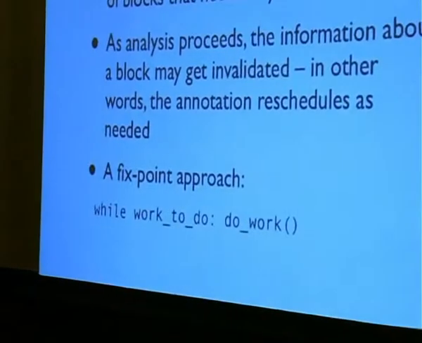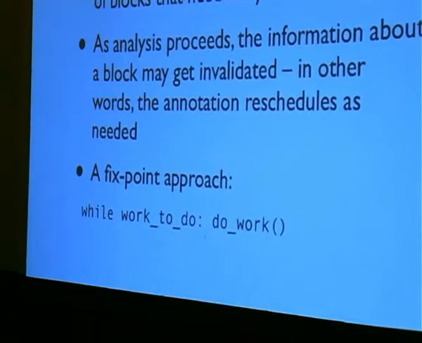Some blocks will get annotated more than once because at first the annotator may believe that a variable can only ever be the constant 1, but then may have to redo it when it realizes that it can actually be any integer at all. Yes, and this is, as a classic for things like this, a fixed point approach. While there are blocks that need to be annotated, annotate a block, repeat.